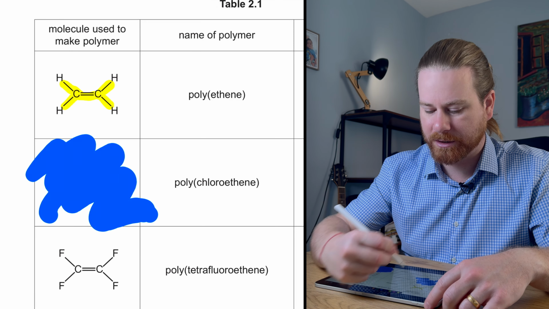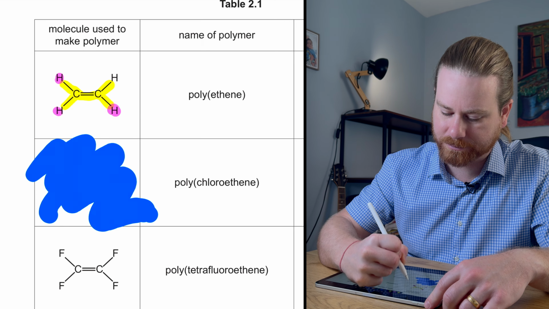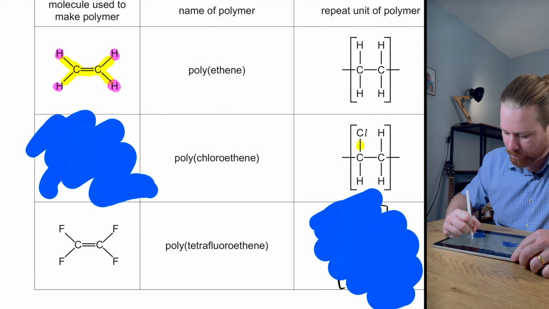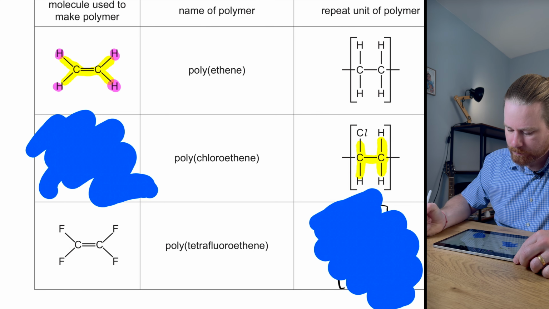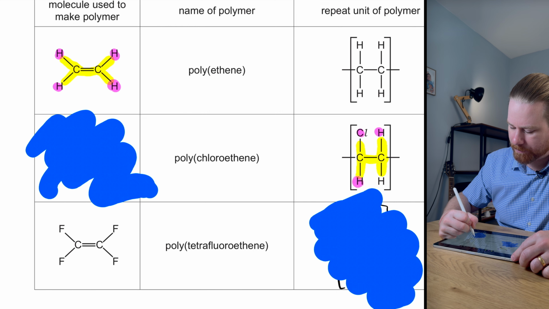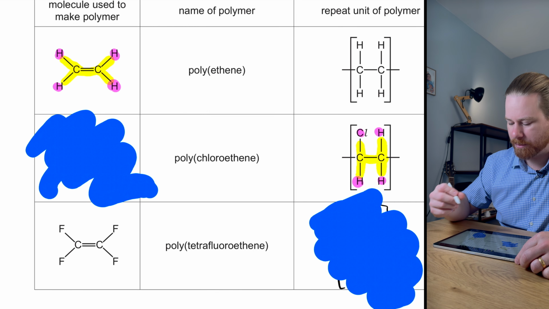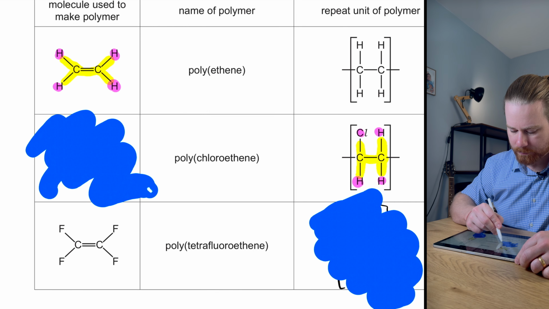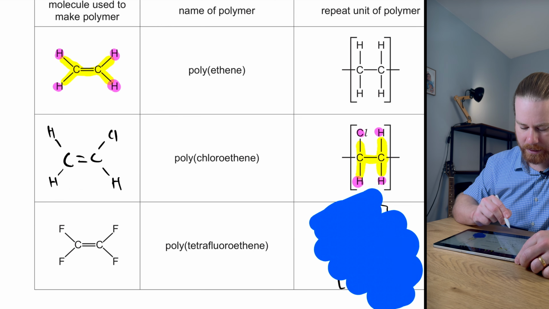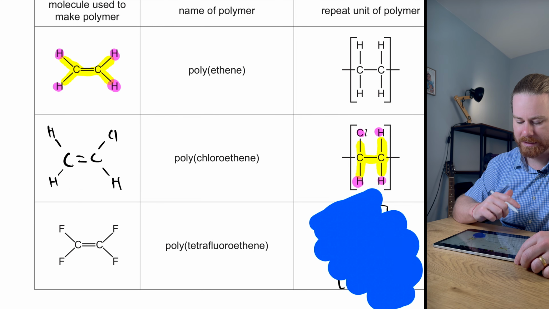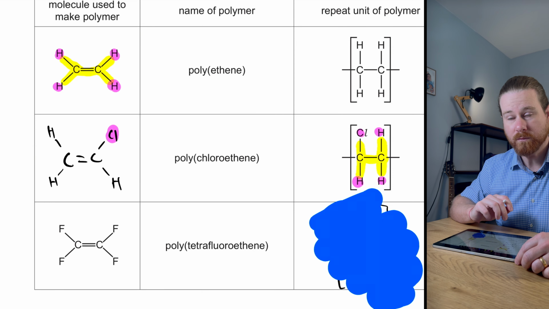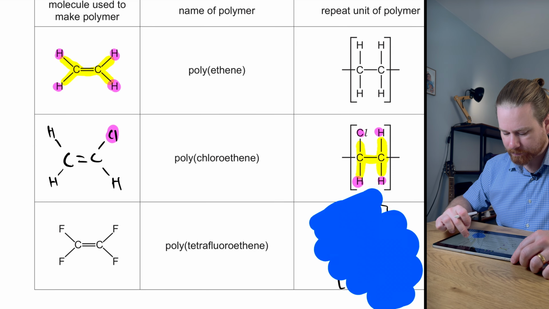So all that's getting changed is what's at the end of the bonds. Okay, so if we look at chloroethene, we can see that one of the hydrogens has been swapped by a chlorine. If we look at the monomer, we can see that that is what has happened. We've just swapped out one hydrogen for one chlorine.